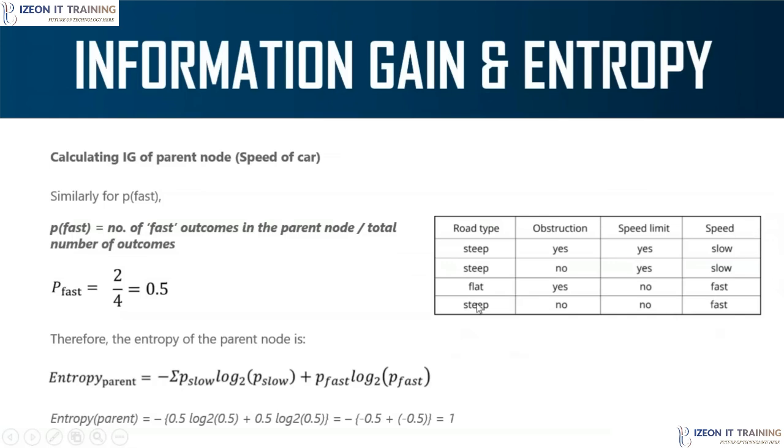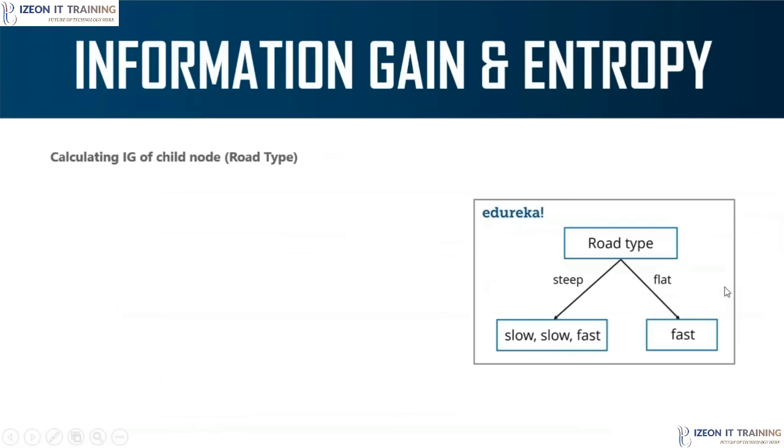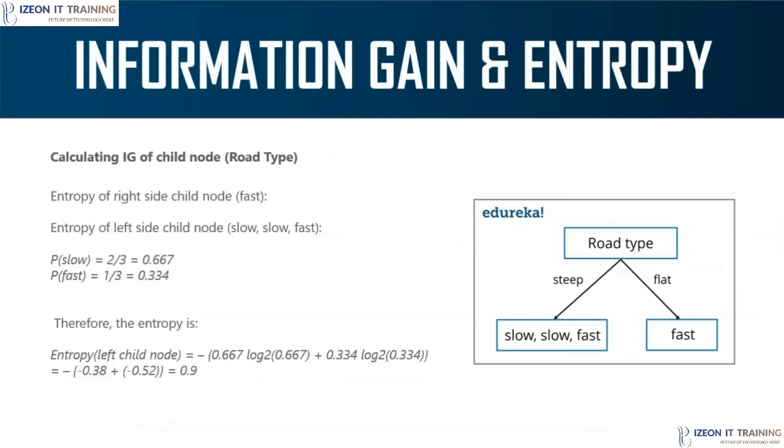And again, if it is steep, there is a value of fast. So for three steep values, we have slow, slow, and fast. And when the road type is flat, we get an output of fast. That's exactly what I've done in this decision tree. Whenever the road type is steep, you get slow, slow, or fast, and whenever the road type is flat, you get fast.